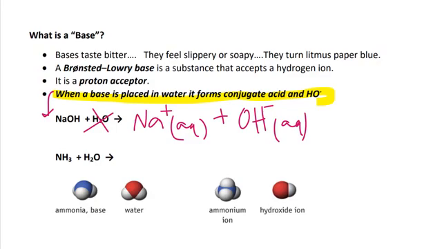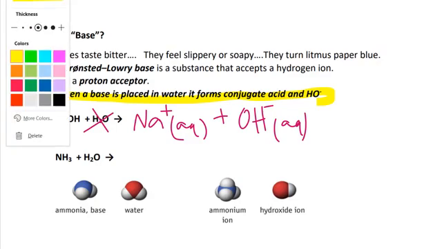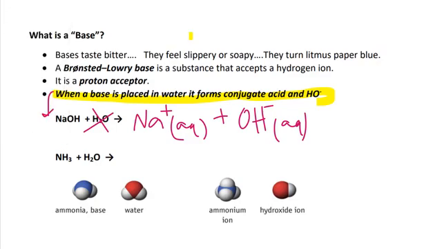Another type of base, a little less common, is what's called a Bronsted-Lowry base. So OH is still formed, but it's because we've accepted a hydrogen ion. What that means is here I have NH3, which is ammonia, and I am including water.